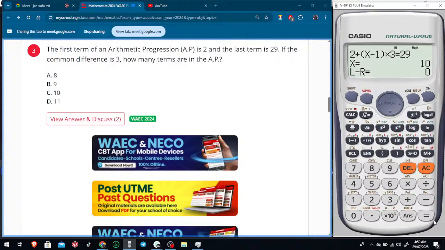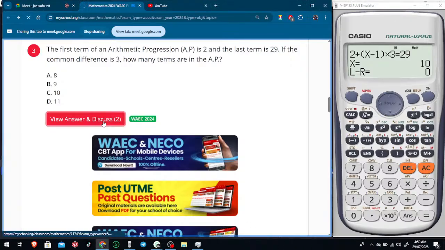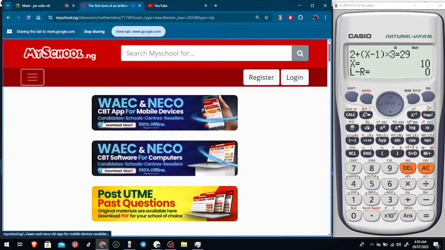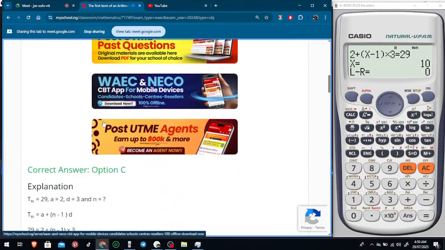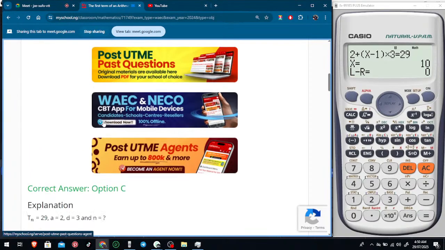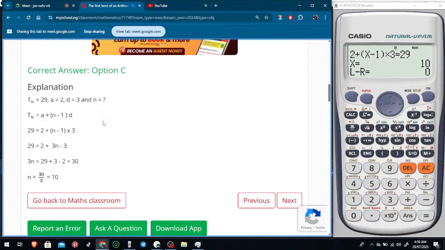So next question. Let's go and look at these answers. So was x 1.5? No, the answer is 10, C. Let's look at my calculator.